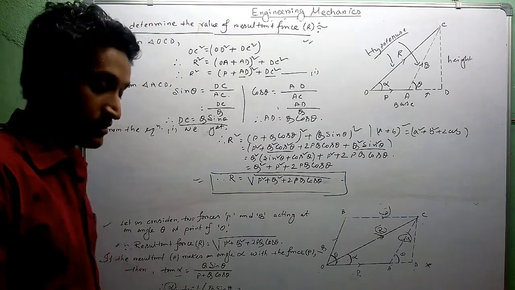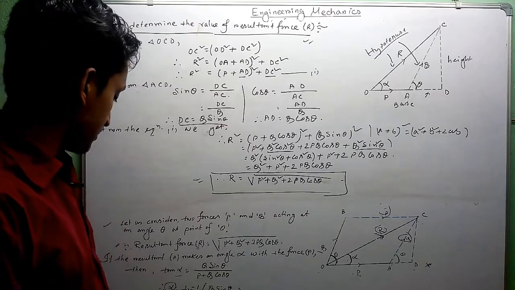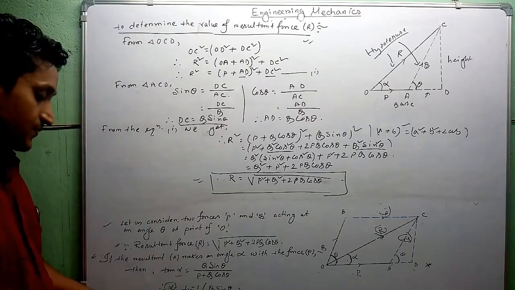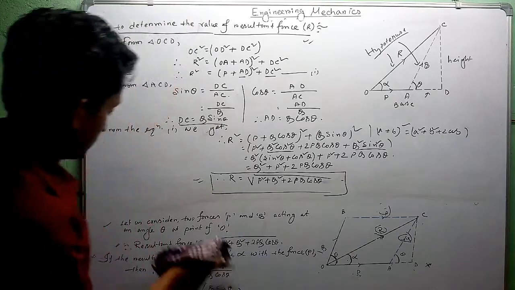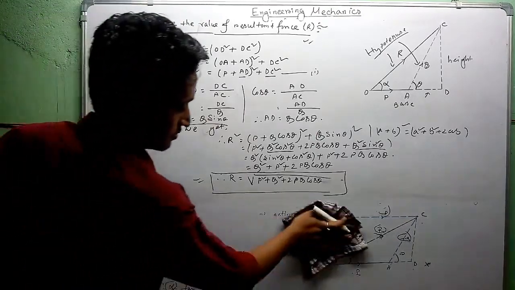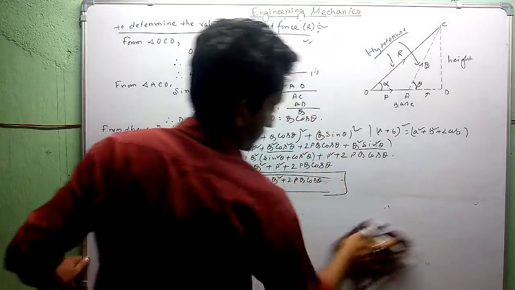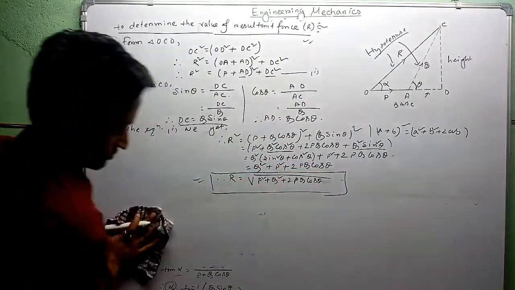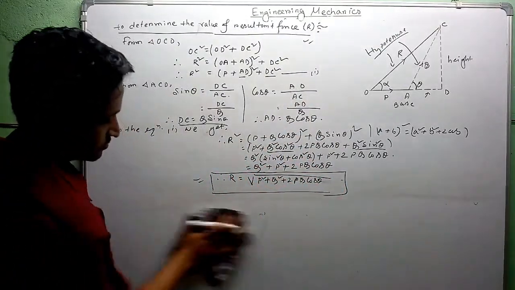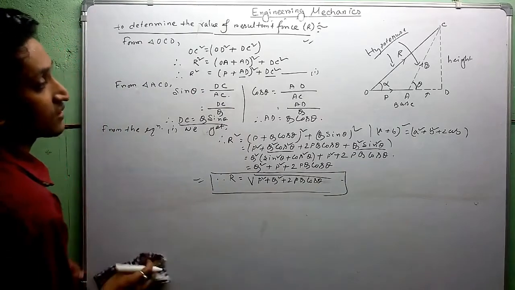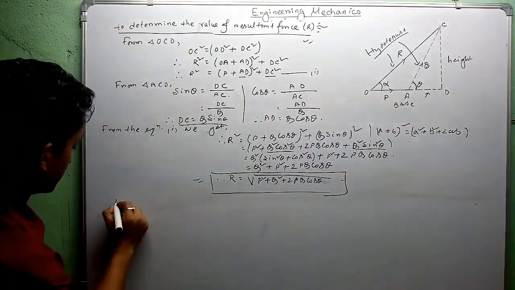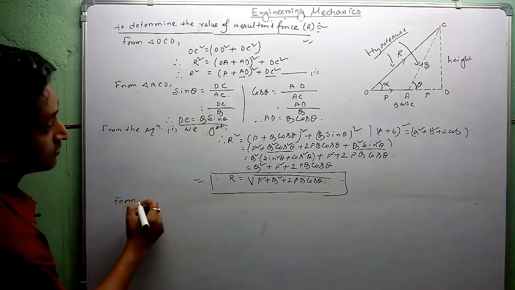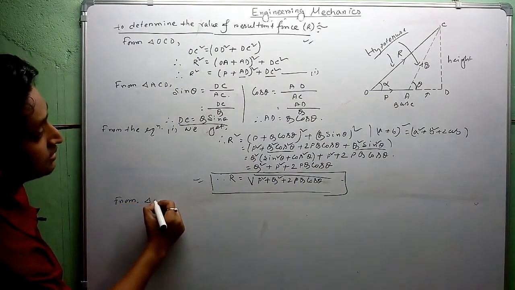Okay, the next one is to determine the value of alpha. Okay, so in that diagram we can write this from triangle OCD.